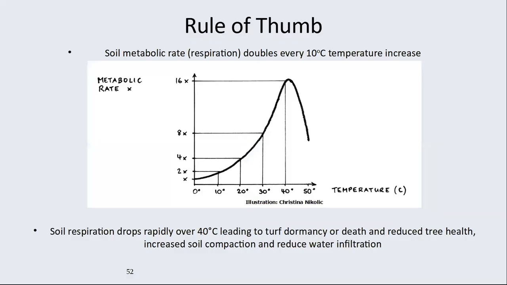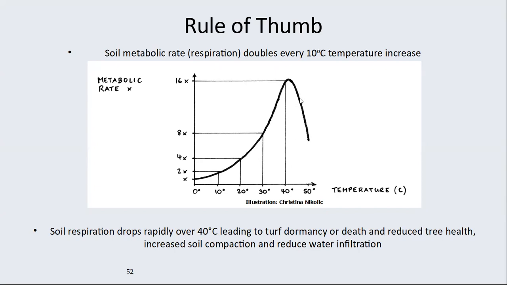So this is Christina Nicolic's diagram on soil respiration. Basically, all it shows is that as temperature rises, soil respiration, which is just the biological activity in the soil, your beneficial fungi, bacteria, and other organisms, rises up to about the 40 degree Celsius mark.